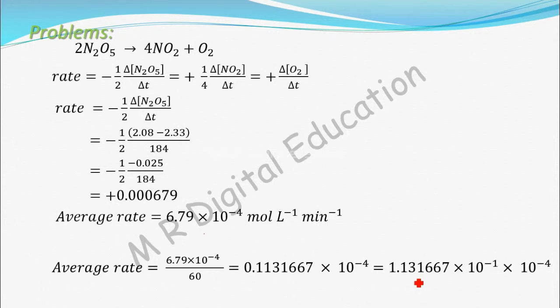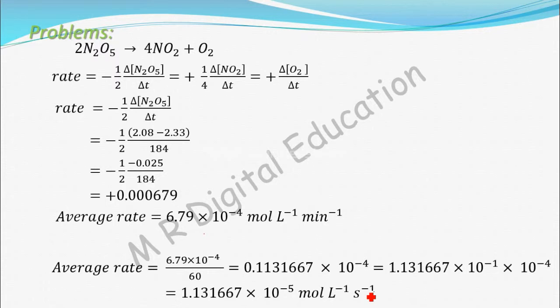Try to simplify: I have moved the decimal point here, so 1.131667 into 10 to the power minus 1 into 10 to the power minus 4, which is 10 to the power minus 5. So the average rate in terms of second is 1.131667 into 10 to the power minus 5 mole per liter per second.